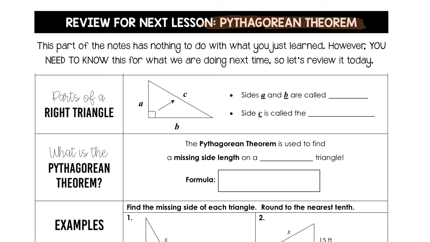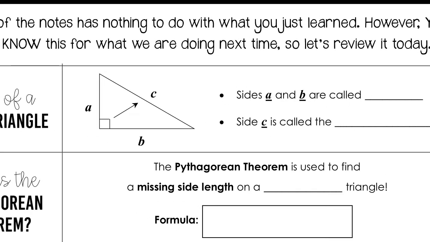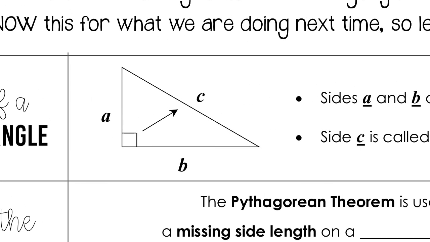All right, so Pythagorean theorem. It's a theorem that only works with right triangles. So this is a right triangle, right? We know all about right triangles. We've been learning about triangles for a while now. And we actually have talked about these words pretty recently. In a right triangle, there's two different types of sides. These sides, the ones that are attached to that 90-degree angle, are called the legs.